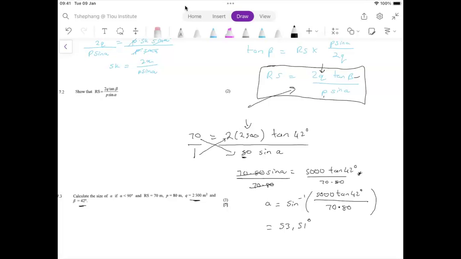So I just kept it as it is. And then this is purely calculator work. I'm hoping that is clear.